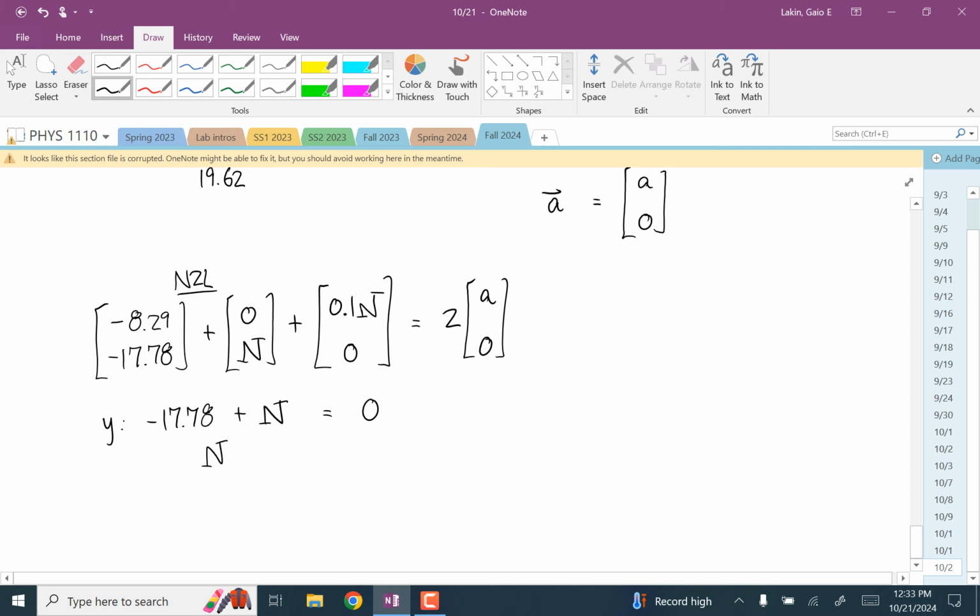So N is equal to 17.78. And now we'll plug that into the x equation. So negative 8.29 plus 0.1 times what we just got for N, 17.78, is equal to 2a.